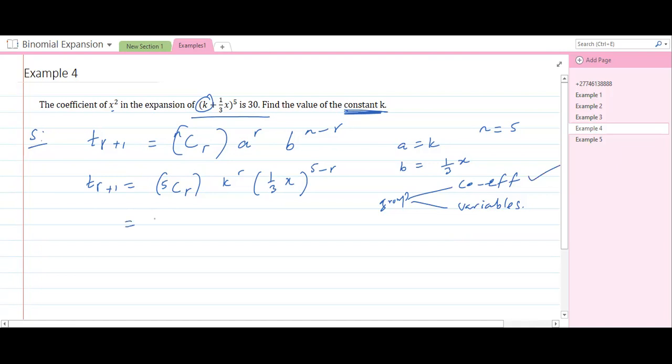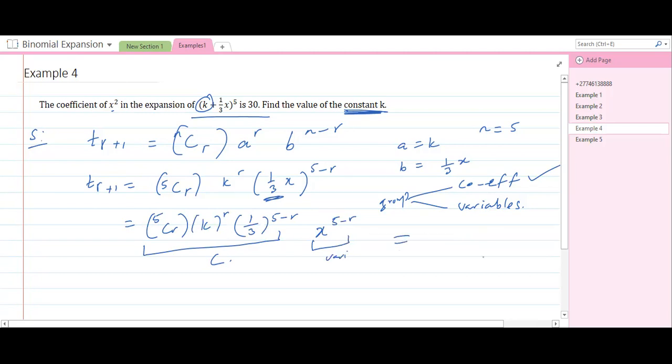So you can say 5 choose r, k to the power r, and now we have 1 over 3 to the power 5 minus r, because we are grouping all the 5 minus r. This makes up your coefficients, and your variable is just x to the power 5 minus r. Now the question says that it needs to be x squared.